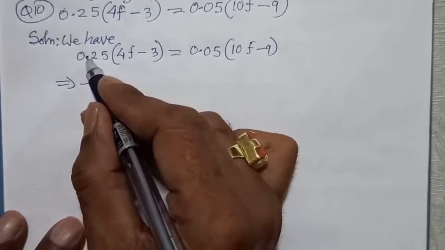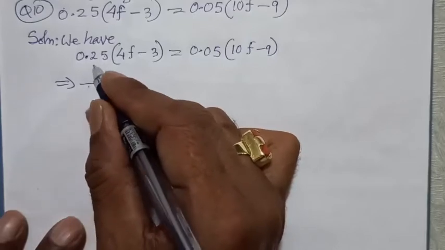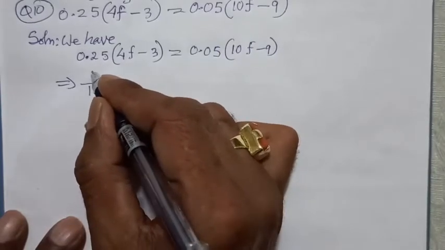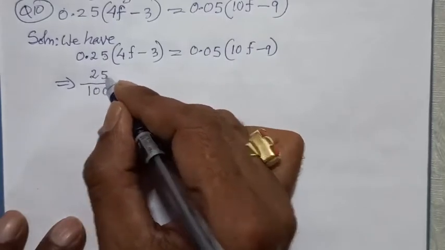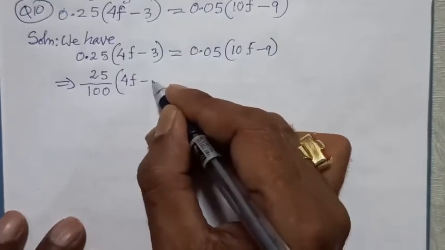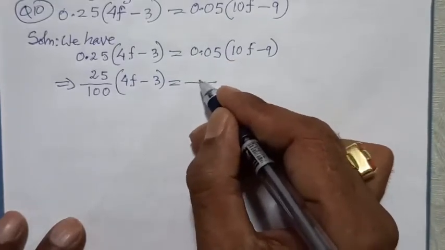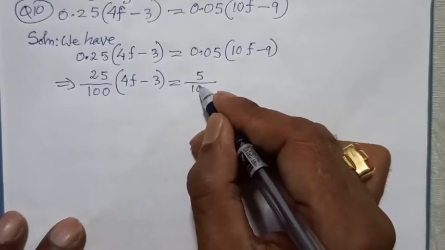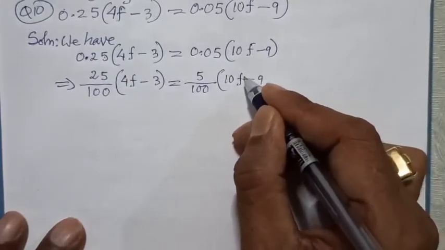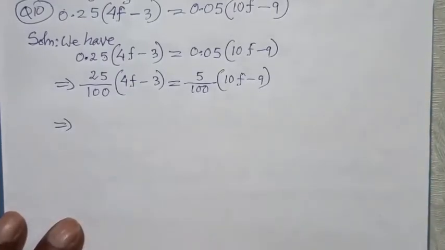If we leave decimal point, there is 2 decimal places, 1 2. Then since there are 2 decimal places, 100 will come in the denominator, in the numerator 25. For 4f minus 3, leave this bracket, there is 2 places, so 5 by 100 bracket, then f minus 9. Next steps.